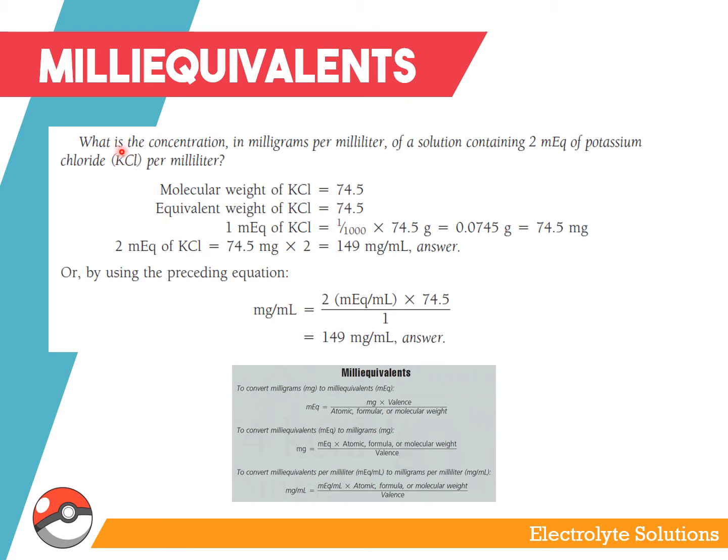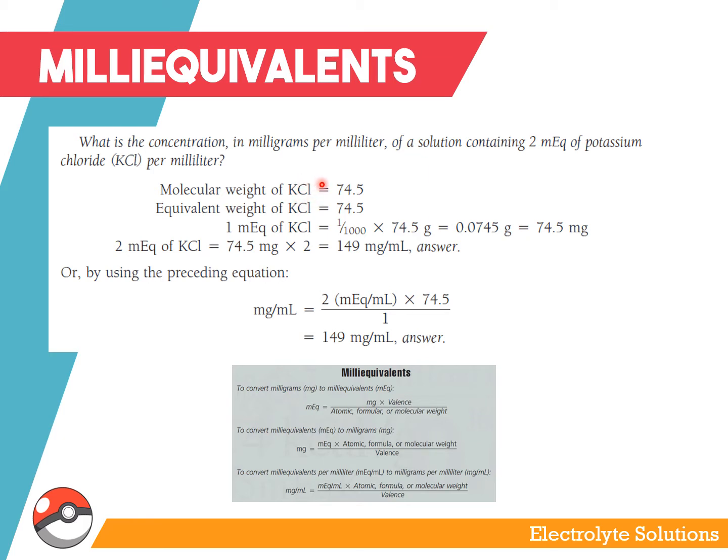In this example, what is the concentration in milligrams per milliliter of a solution containing 2 MEq of potassium chloride per milliliter? First, let us determine the molecular weight of KCl. KCl has two elements, K or potassium and Cl or chloride.